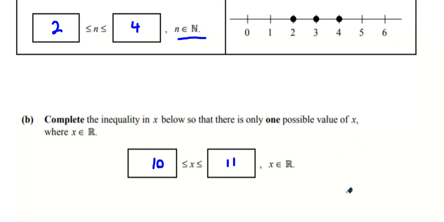So you need to write down 10 less than or equal to x less than or equal to 10, and the only answer is 10, because 10.01 is bigger than 10, 9.99 is smaller than 10, so it has to be the same number twice. Whatever you choose, make sure it's the same number twice. I could have chosen 10.1 and 10.1, whatever I wanted. So that's question 8 done.